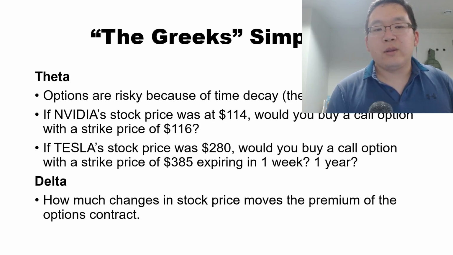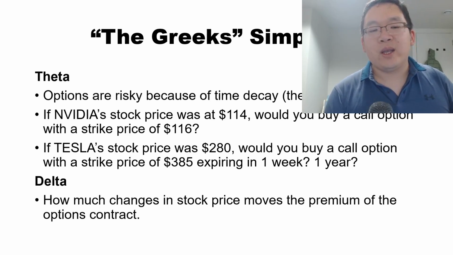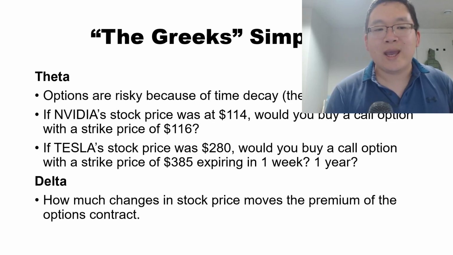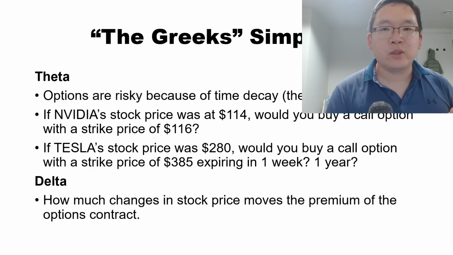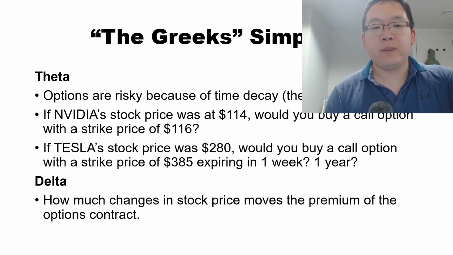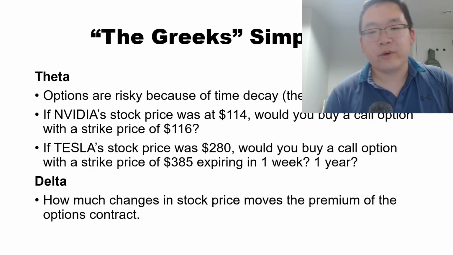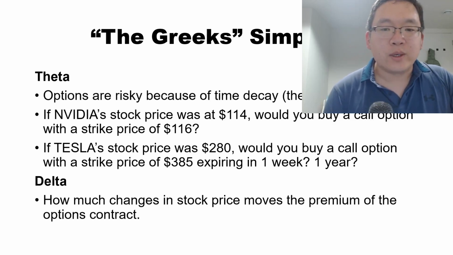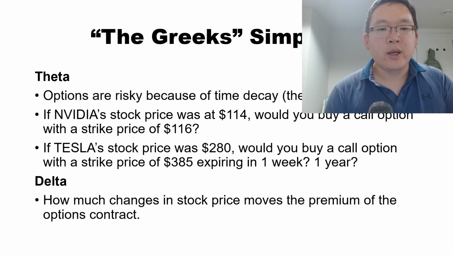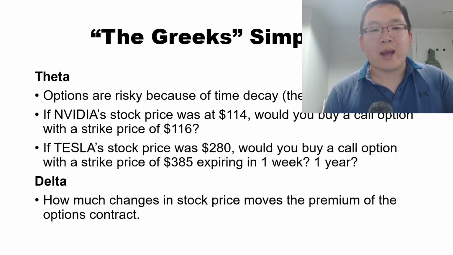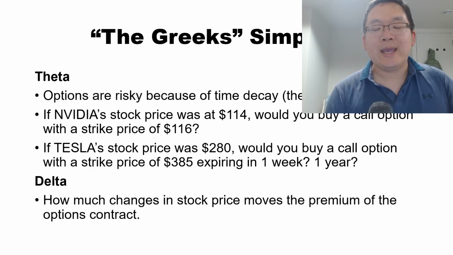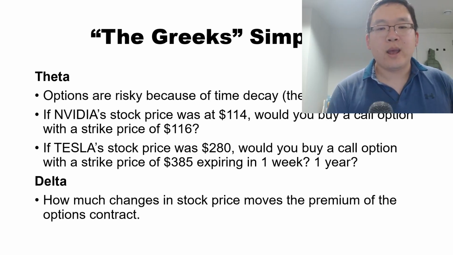That's because there is the element of time. If there was an option to buy NVIDIA at 116, and today NVIDIA is at 114, people are more willing to buy it if the expiry date was a year in the future. But people are less willing to buy it if you had maybe a week, a few days, or even a few hours. As the time is shorter to get to the price of 116, the contract is decaying more and more.